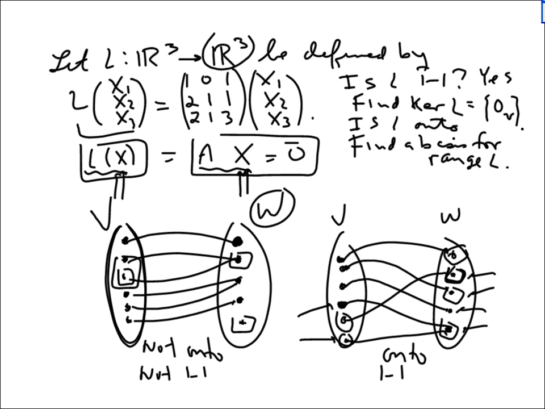No, actually, it's not one-to-one, because for this element in W, I have L of two different things that go there. So it's not one-to-one. If you know it's one-to-one, it doesn't tell you anything about whether it's onto or not. If you know something about onto, it doesn't tell you anything about it being one-to-one.